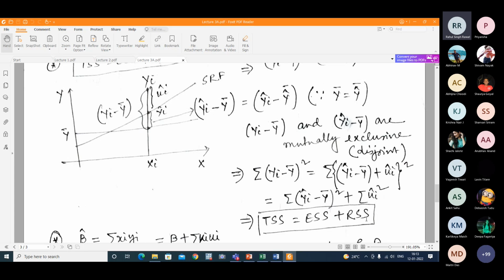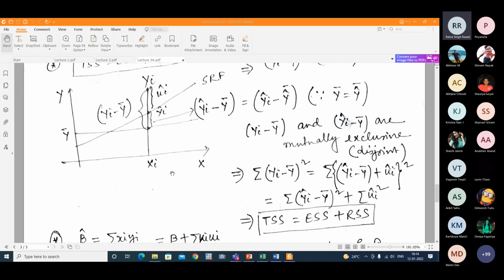So what would be your conclusion on this basic relationship? What would you like to conclude? Don't you think the higher the ESS, the better the model? Isn't it?